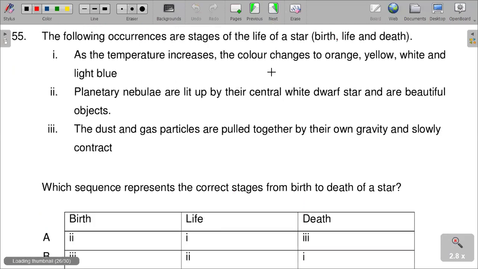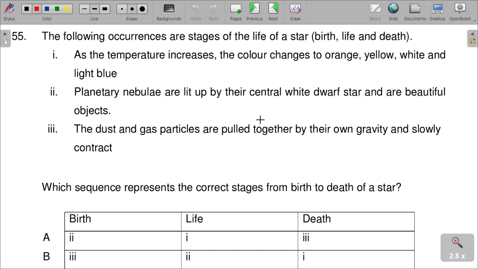And then number 56. The following occurrences are stages of the life of a star: birth, life, and death. As the temperature increases, the color changes to orange, yellow, white, and light blue. Planetary nebulae are lit up by their central white dwarf star and are beautiful objects.